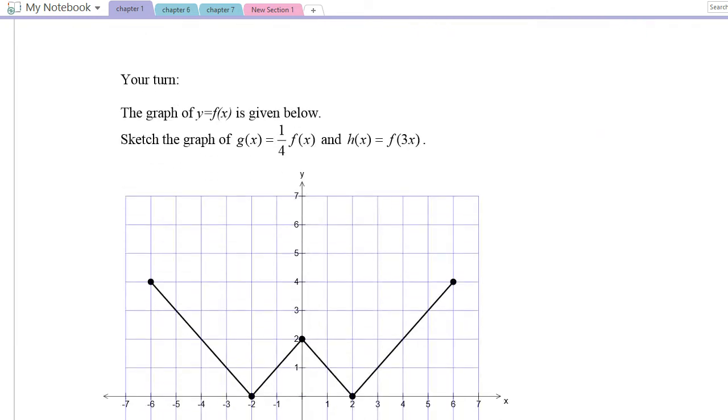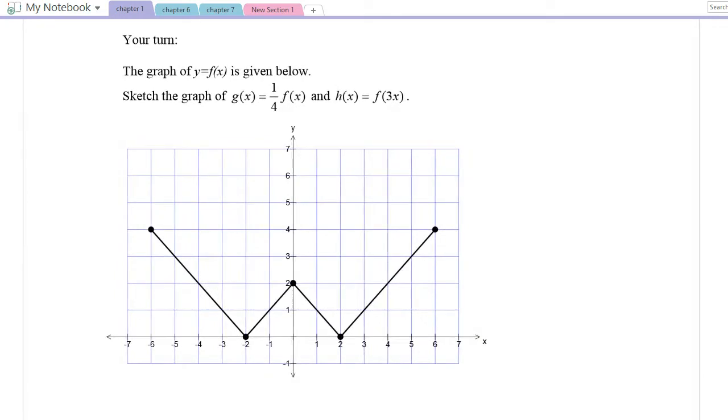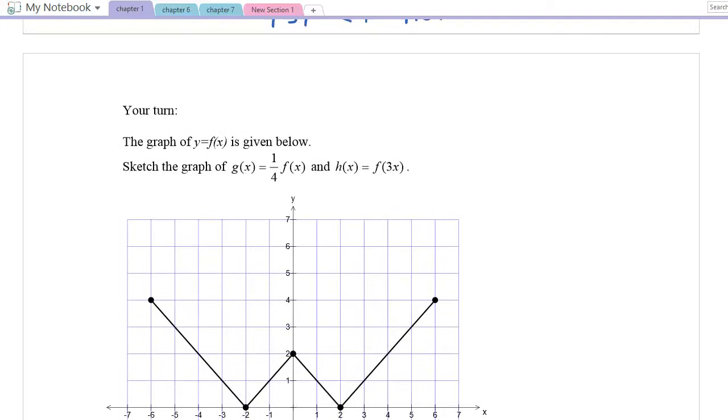Alright, I have a your turn to work on. Just a quick reminder, we'll give ourselves a little note here: if you have y is equal to a f of x, then we multiply the y values by a.